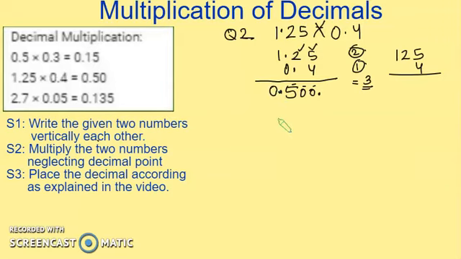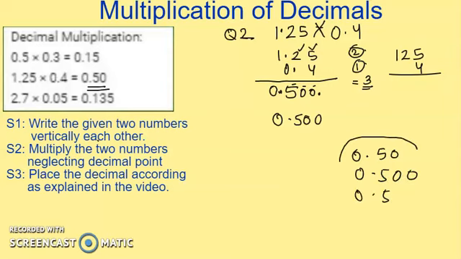So our answer is 0.500. This is here 0.50 only. At some other point of time I will explain that in decimal numbers 0.50, 0.500 or 0.5 are in fact equal in value.